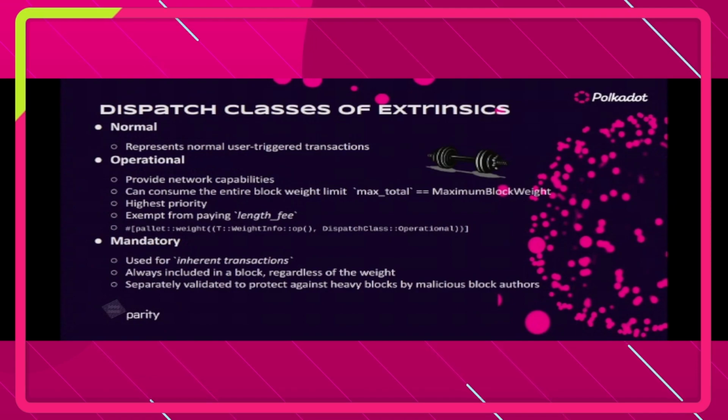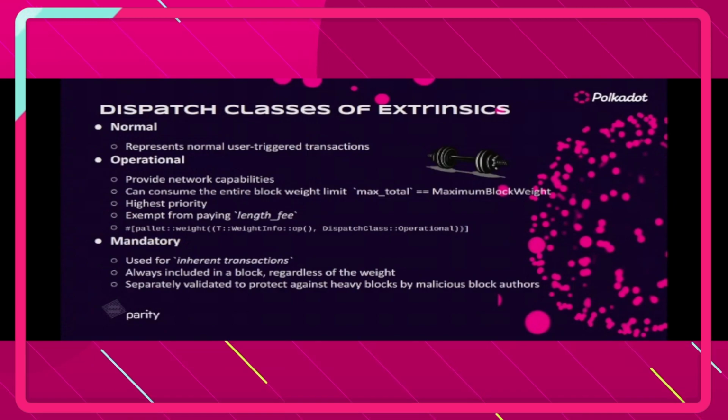In most Substrate nodes, it also has a configuration for your reserve space. Let's say you have an operational extrinsic that doesn't fit in the max total defined by that dispatch class. You can extend that using reserve, which will allow for that operational dispatch to be included.